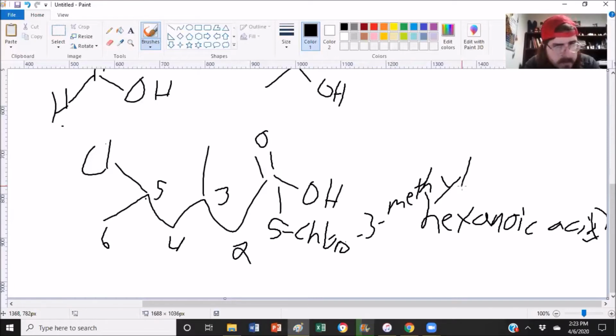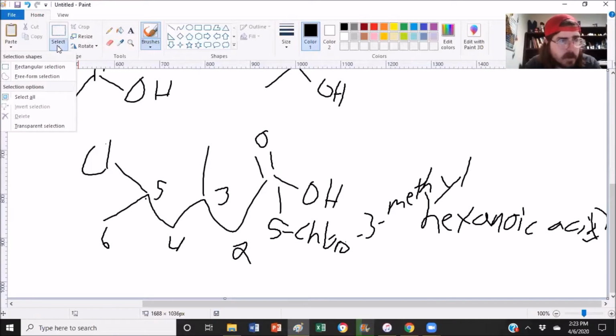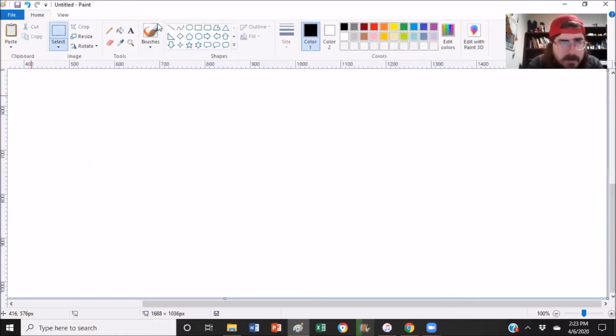We're going to name this with numbering from the carboxyl. We're naming typically from the most oxidized carbon. Remember, aldehydes took precedence over ketones because aldehydes usually come at the end of the group, and they took precedence over hydroxy groups.